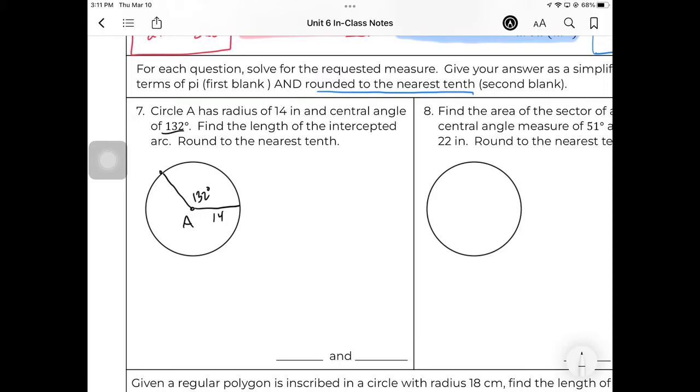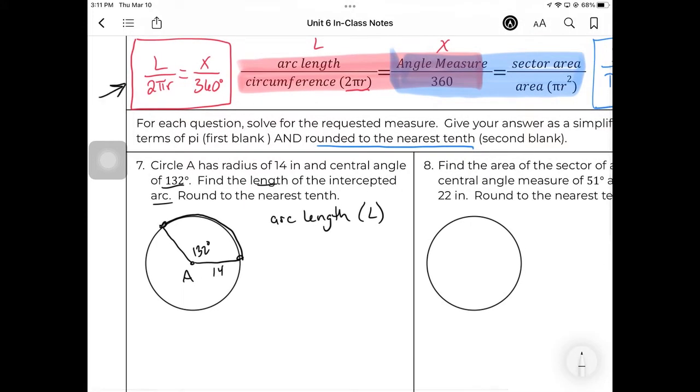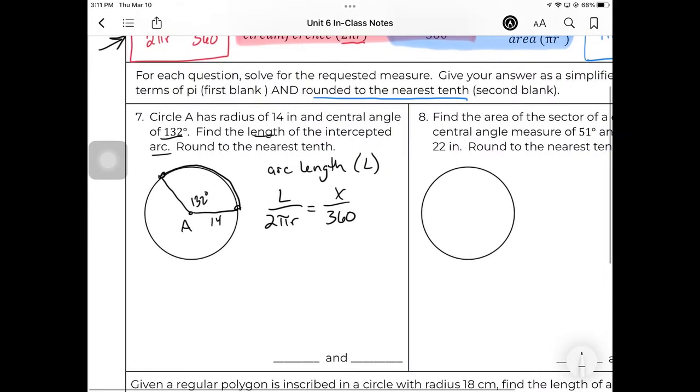I should be able to find the length of the intercepted arc, or arc length, from here to here. And arc length, remember, is that capital L. So I'm using this formula: L over 2 pi r has to equal x over 360. I'm just going to plug in what I have.